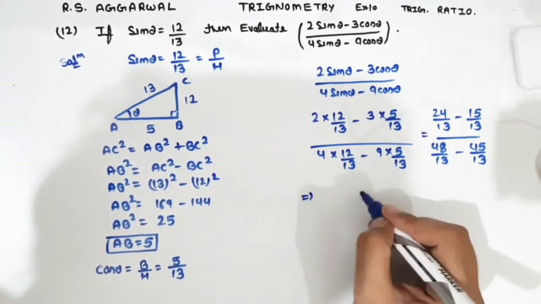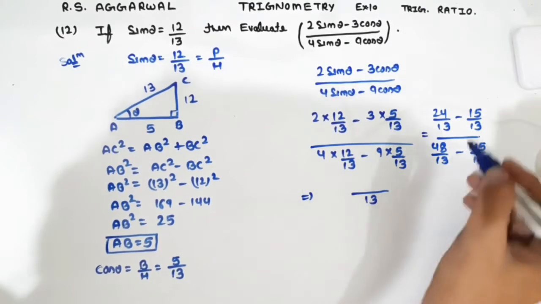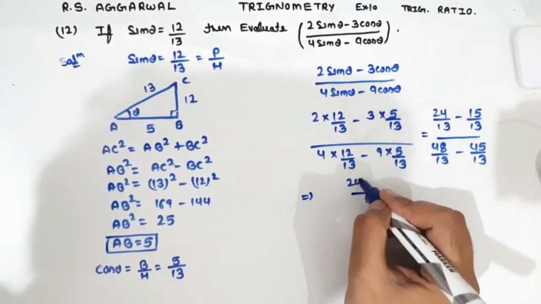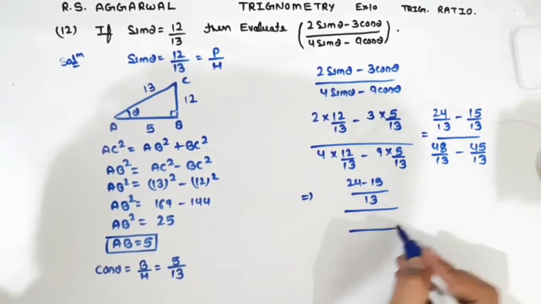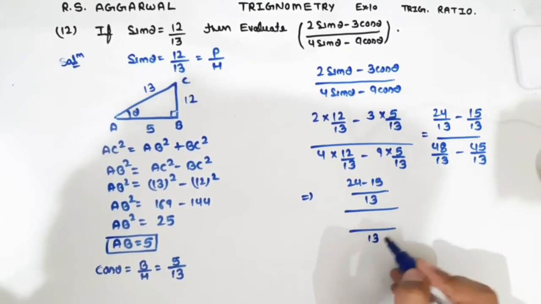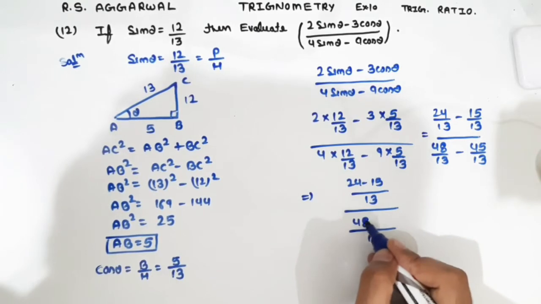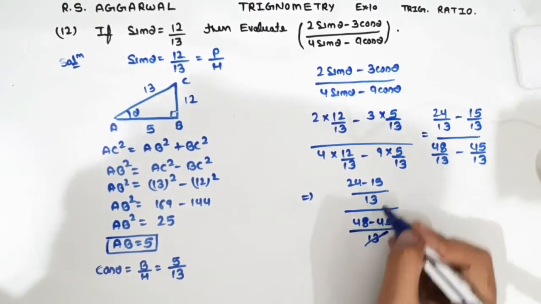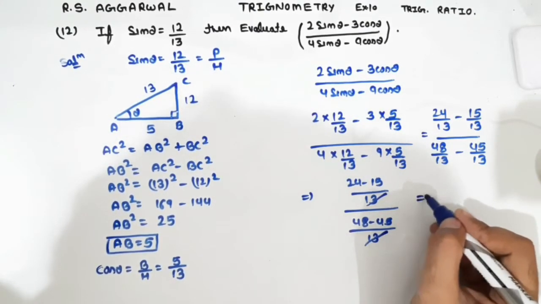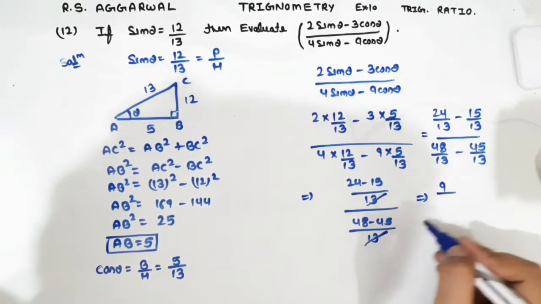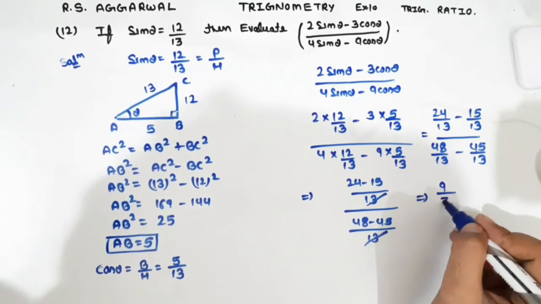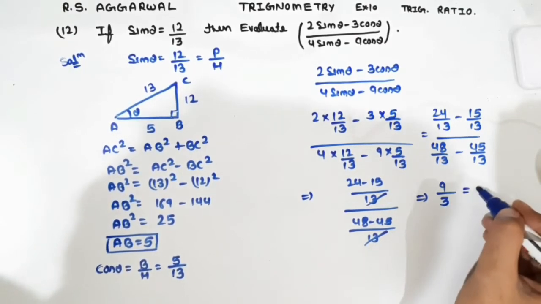So 13 will be LCM here. 24 minus 15 upon 48 minus 45. So 13 will be cancelled out. 24 minus 15 will be 9 and 48 minus 45 will be 3. So this will be equal to 3.